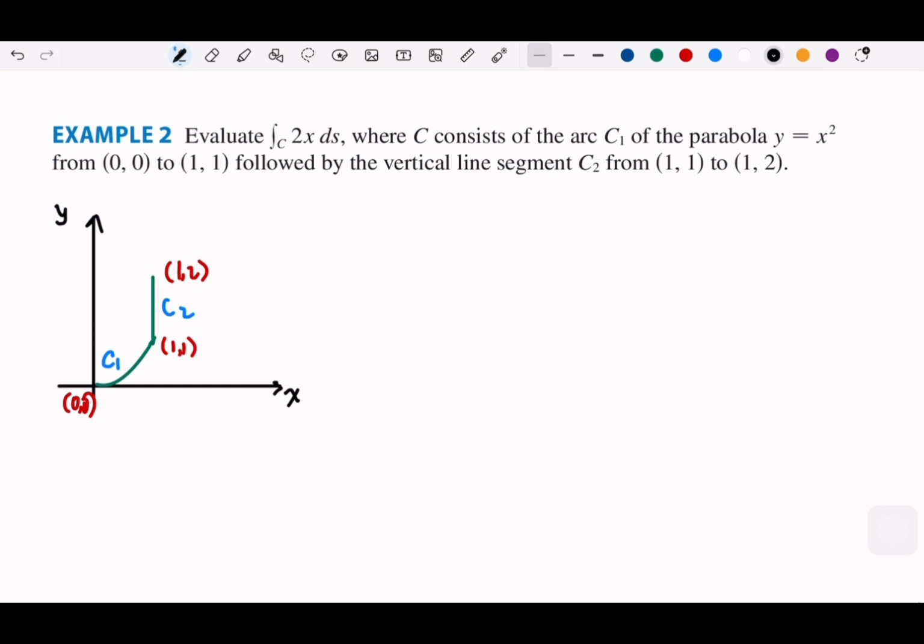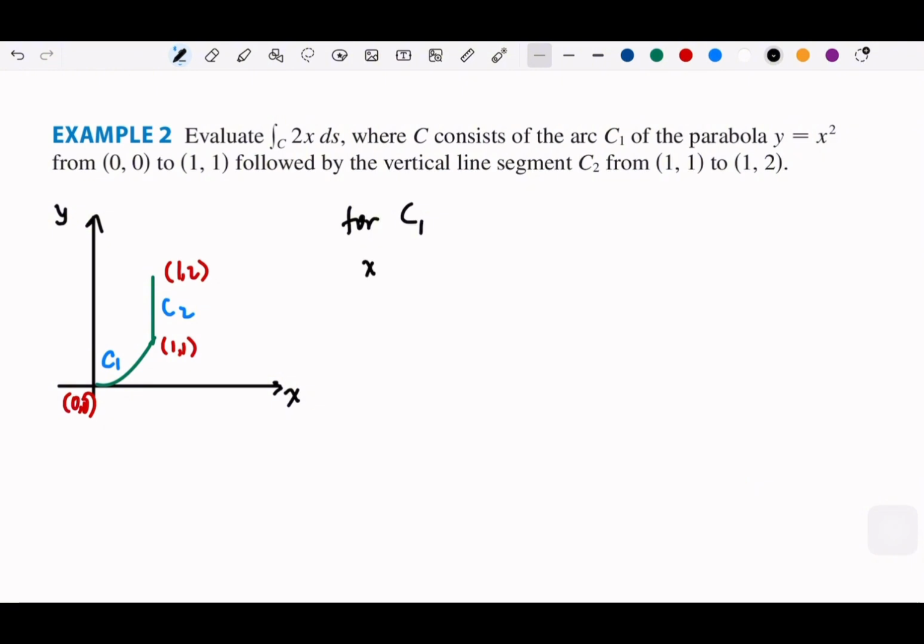So for C1, if we focus only on C1, I will try to compute this directly.